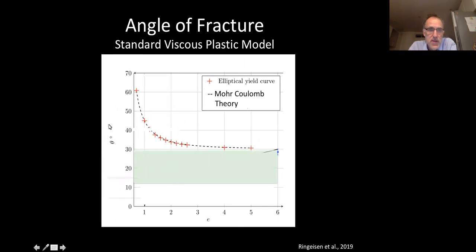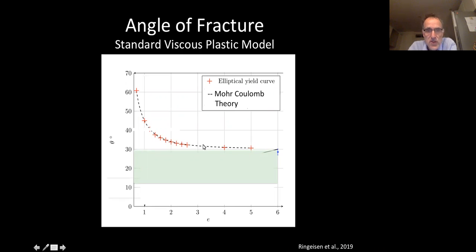When you plot the intersection angle as a function of the ellipse aspect ratio, which is a measure of the shear strength of the material, you have the simulation here as the red crosses, and the Mohr-Coulomb theory as the dashed black line. You can see that the theory matches very well with the simulation result.